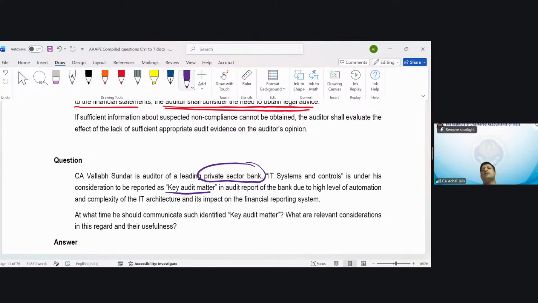See, for a bank, if you talk about systems and controls, of course, in today's times, it has to be all about technology driven. Yes or no? It has to be all tech driven. So that has to be the thought process, that has to be the consideration.